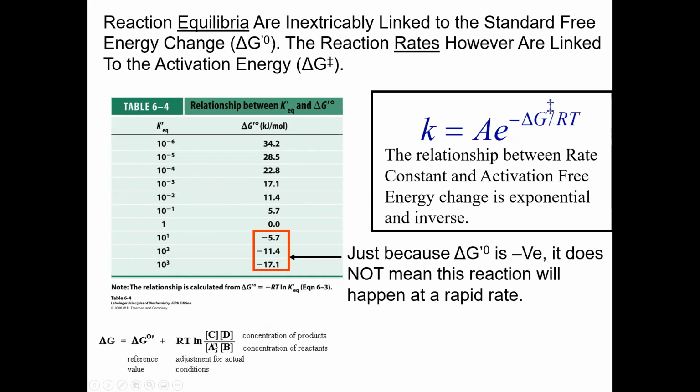What is the reaction? A and B reacting to give C and D. C and D are products, A and B are reactants.